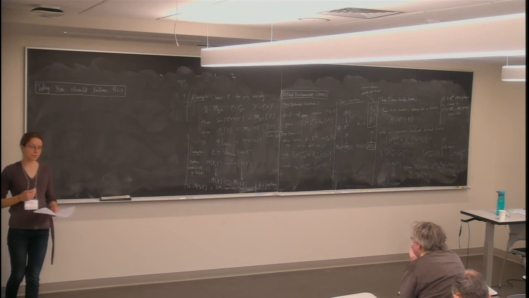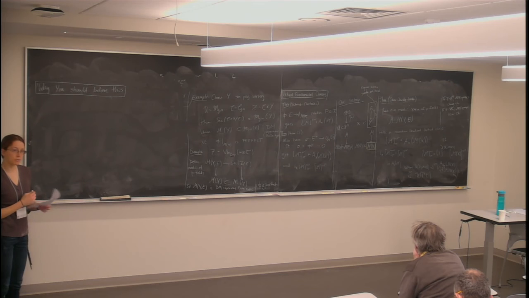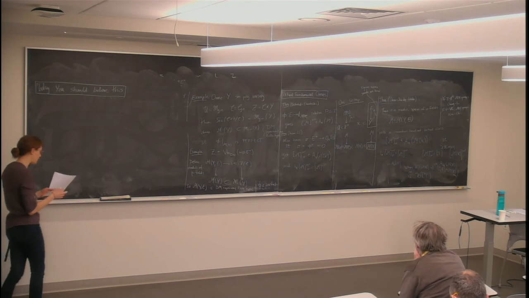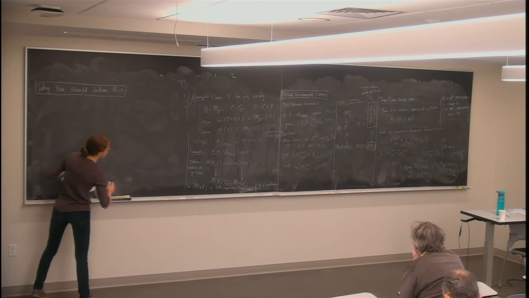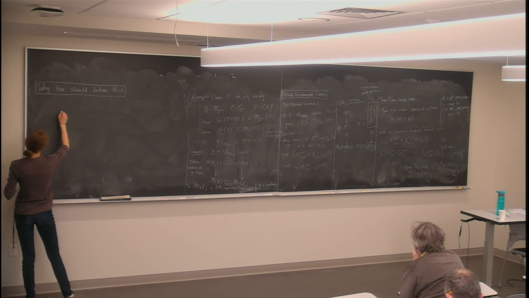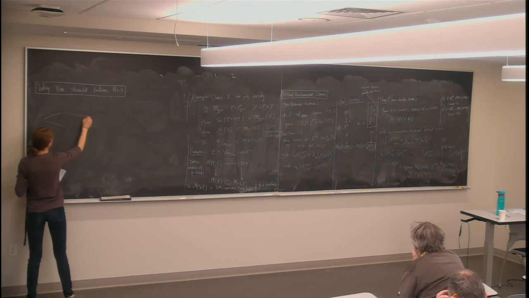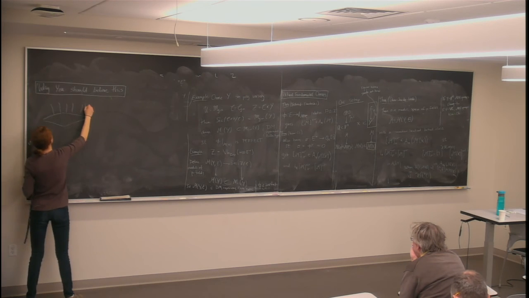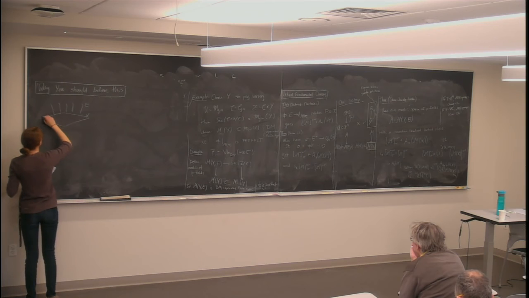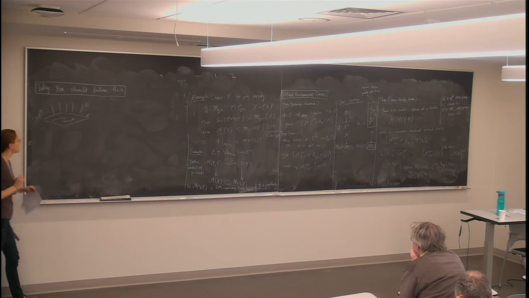The first reason you should believe this theorem is that you've seen it before in a non-virtual setting. So if we look at the target information, I'm going to draw some pictures. Here we've got Y, and we have a vector bundle E on it, and it had some section that cut out a zero locus.